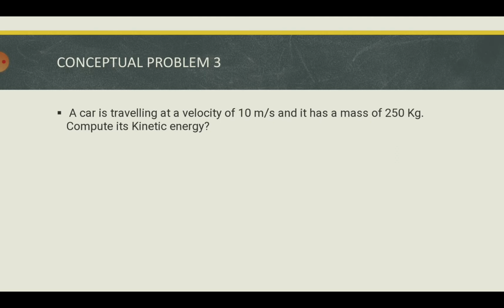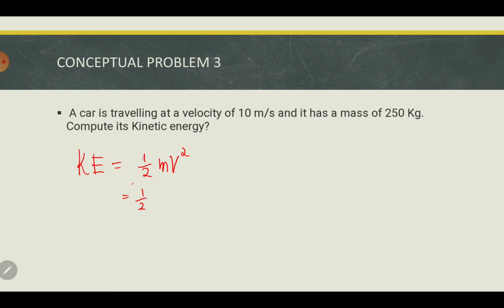Next problem: a car traveling at a velocity of 10 meters per second, and it has a mass of 250 kilograms. Compute its kinetic energy. These conceptual problems are just direct substitution. So KE is equal to 1/2 mv squared.